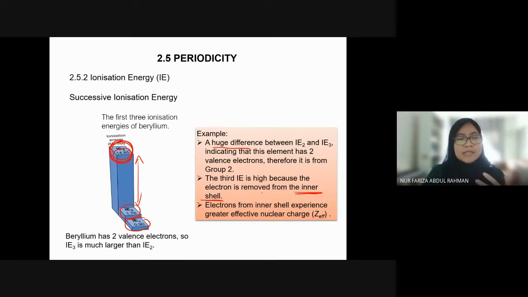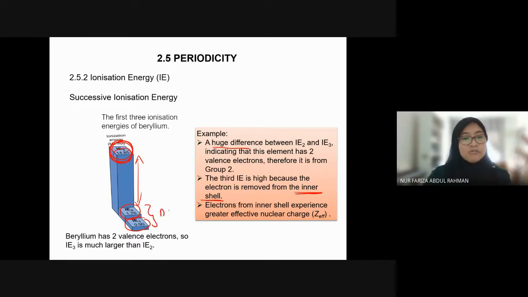Why is it that the inner shell causes the ionization energy to be higher, guys? Kenapa? Because the closer it is, inner kan, the closer it is to the nucleus, by right, the stronger the attraction. Okay, that explains how the ionization energy for IE3 is the highest as of now. Sebab dia dah masuk different n.